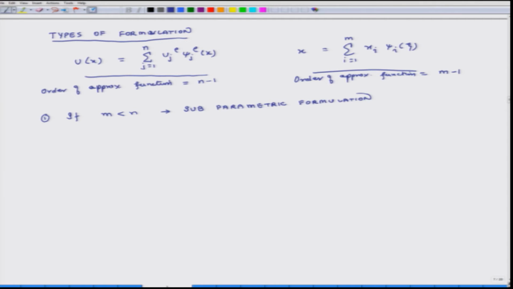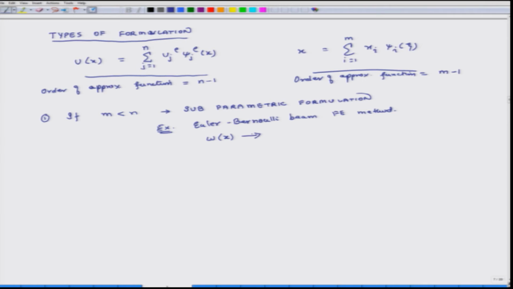Example: earlier in part 1 we had developed a method for doing FEA for Euler-Bernoulli beams. There, what was the unknown variable? The deflection of the beam, which is W. W was the unknown variable, and it is a function of x.